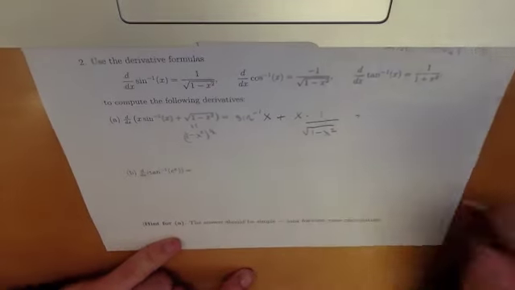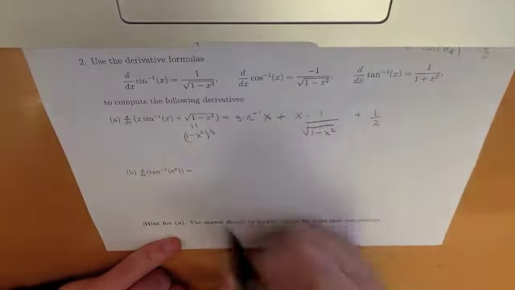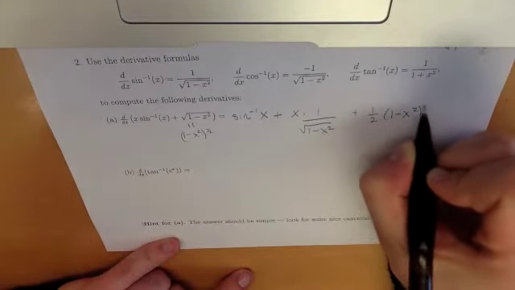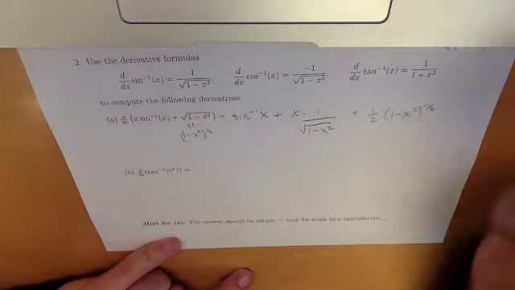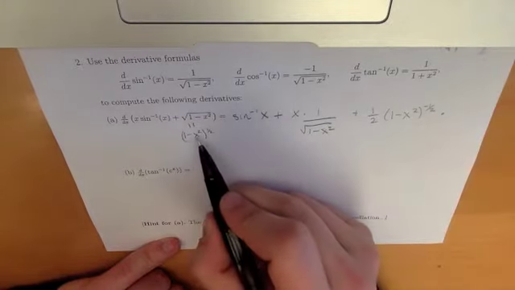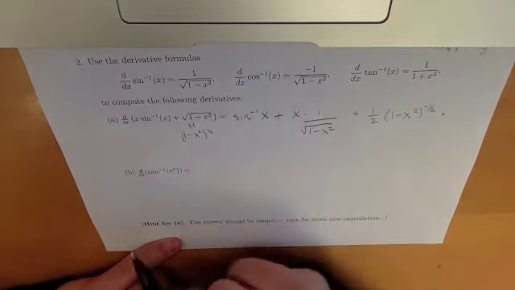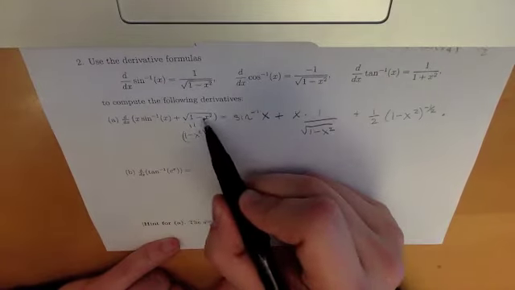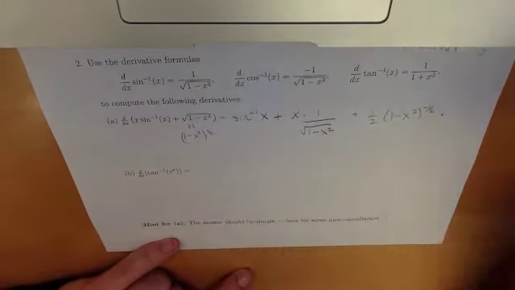So if I do that, I can pull this 1/2 out front, and then I have 1 minus x squared to the negative 1/2. Now I have to multiply by the chain rule by the derivative of what's inside, which is negative 2x. This constant goes away. I pull down the 2 and I get negative 2x to the 1.